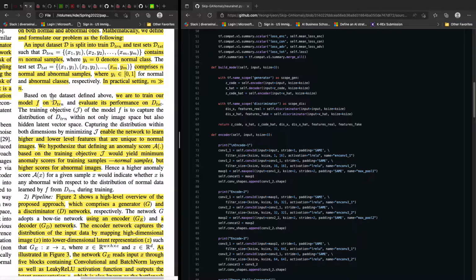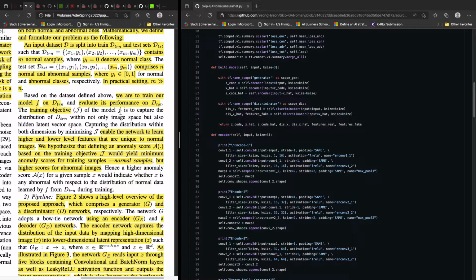So the task is based on that data set. We need a model termed f, that is trained on D_trn, and we evaluate it on D_tst. So our end goal is to get a model f, and the training objective is depicted by tau.